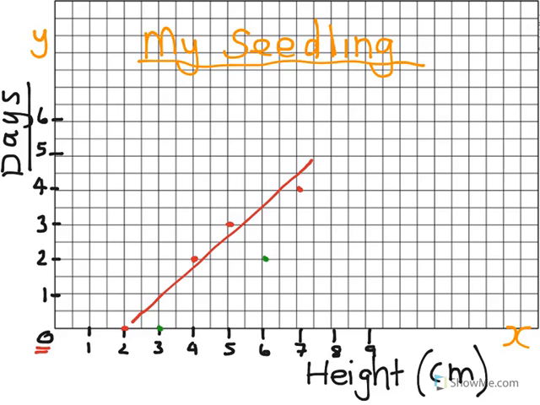On the third day, it was 7, and so on, and you get the idea there. And again, we would put another line of best fit. Okay, so you can plot multiple results on the same graph.